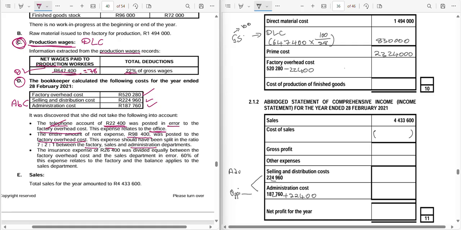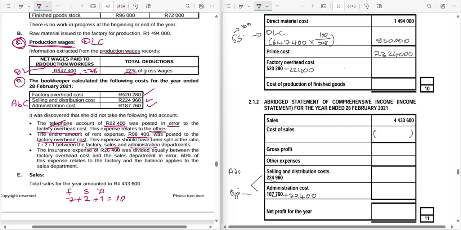The entire rent, the total, meaning this one, was posted to the factory. And they said 7 should go to the factory, 2 should go to sales, and 1 should go to admin. So you must add this and get the total. 7 plus 2 is 9, plus 1 it is 10.